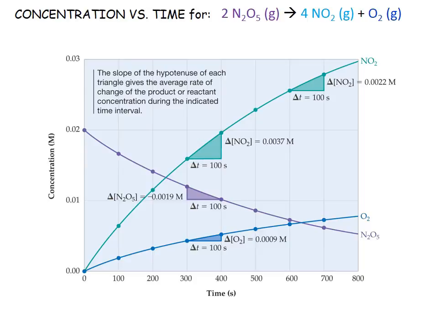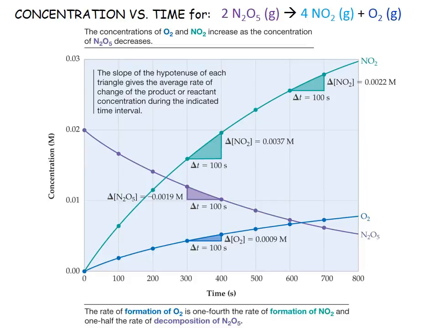As we discussed before, the concentration of NO2 that you see in that teal color increases 4 times faster than the concentration of oxygen, which you see in blue. And that should make sense because 4 molecules of NO2 are formed for every 1 molecule of O2. So it should increase 4 times faster.